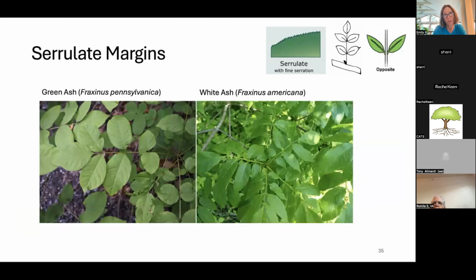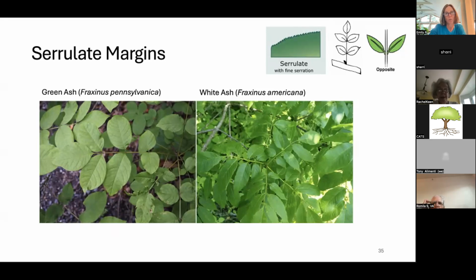And when I was reading about this presentation, I've often heard that one of these has petiolules, which is like a second petiole on each leaflet. It says it's supposed to have that for the white, and then if the green has them, they're supposed to be winged. I don't see that consistently enough to have anybody write that down or use that.